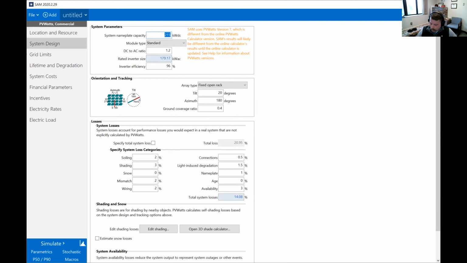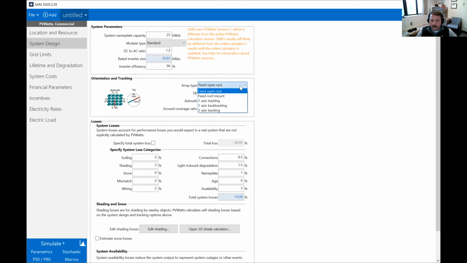So we're going to put it in at 25 kW right now. We're going to leave some of these things standard: standard solar panels versus the premium or the thin film. These are design criteria things that we don't need to change. These are middle of the road assumptions that are accurate enough.